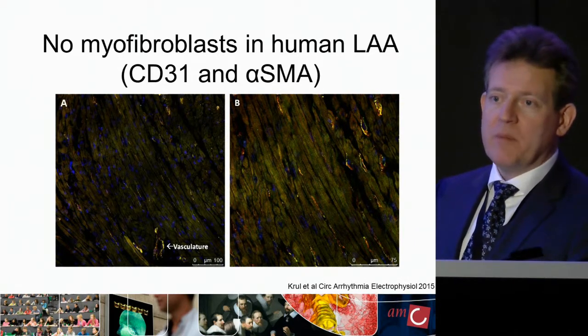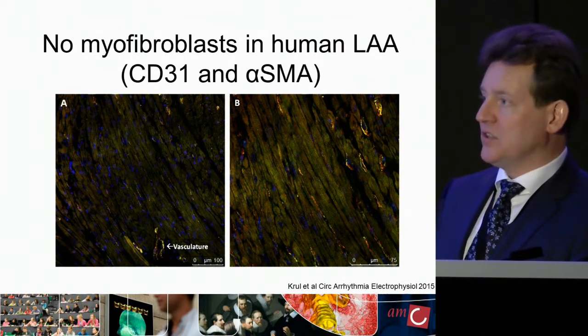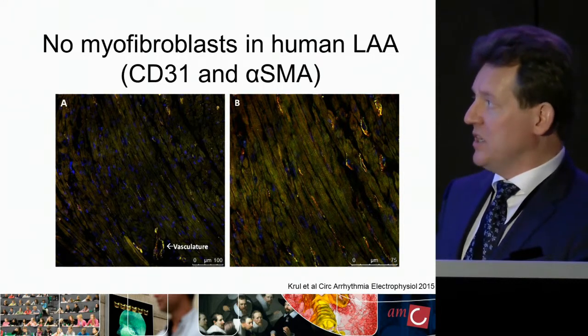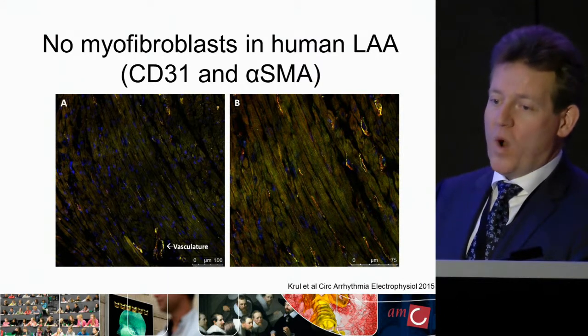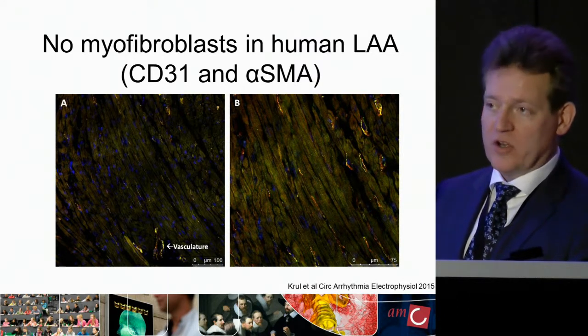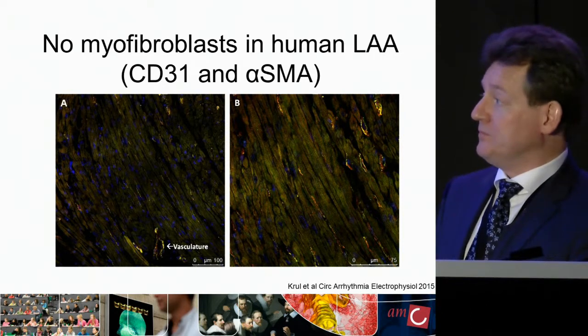Bringing up the question how important this is in advanced AF. They potentially played a role in establishing the substrate, but once the patient is that far that he will undergo ablation, maybe they are gone.